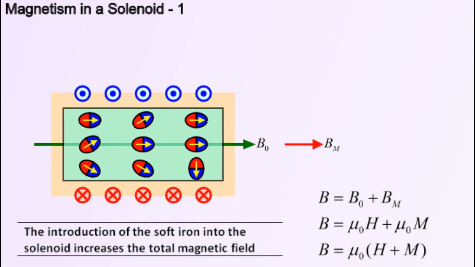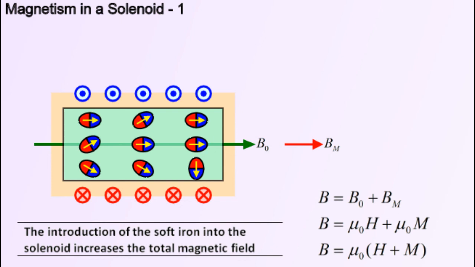This field, Bm, is in addition to the field created by the solenoid, B0. So now the total magnetic field has increased to B0 plus Bm, where B0 is the contribution by the solenoid and Bm is the contribution by the soft iron, by virtue of being in the magnetic field B0.